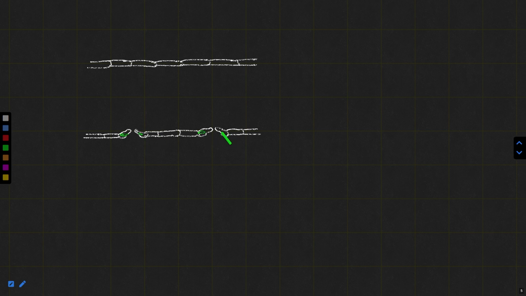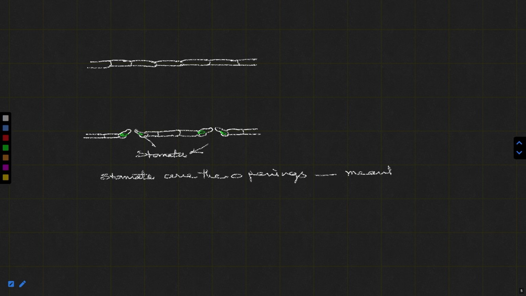So these are what? These are the stomata. You can see the stomata structure here. This is the modification of the epidermis. What are the stomata? Stomata are the openings, and these are meant for the exchange of gases in plants.